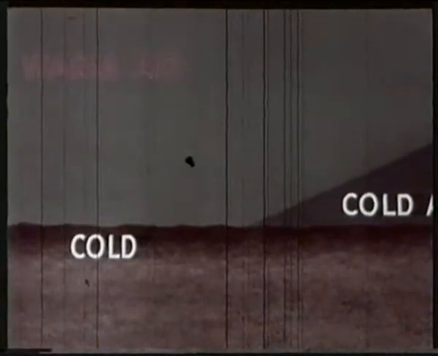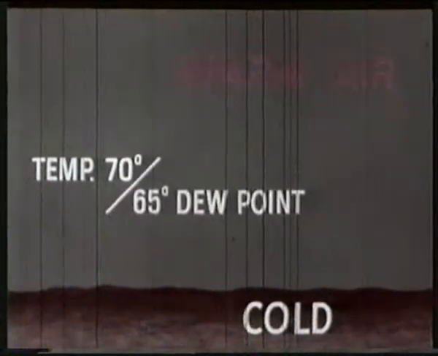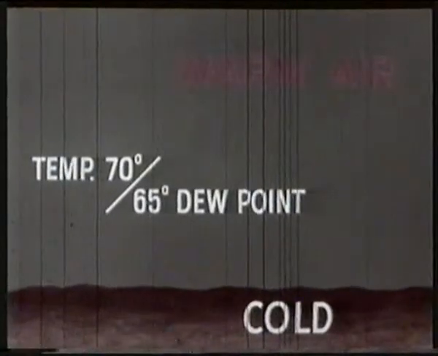Over land areas, warm air following the surface position of a warm front will be moving over terrain that has been cooled by the cold air preceding the front. Let us say that the temperature of the warm air is 70 degrees Fahrenheit and the dew point 65 degrees.